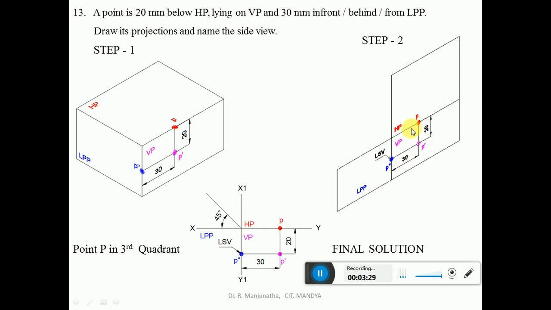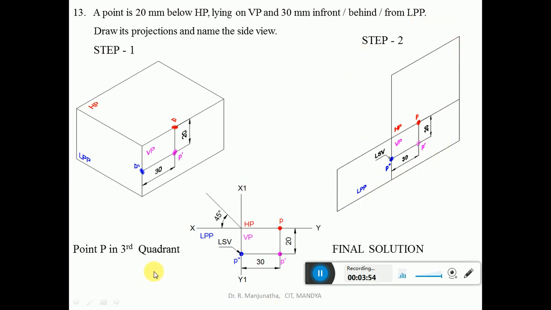When it is projected, it comes to the origin because it is at the intersection point, and then you project this down to get this point here. Since it is behind LPP, you get the left side view. So in LPP you write P double dash. This is how, when the planes have been rotated, it can be explained in orthographic view.